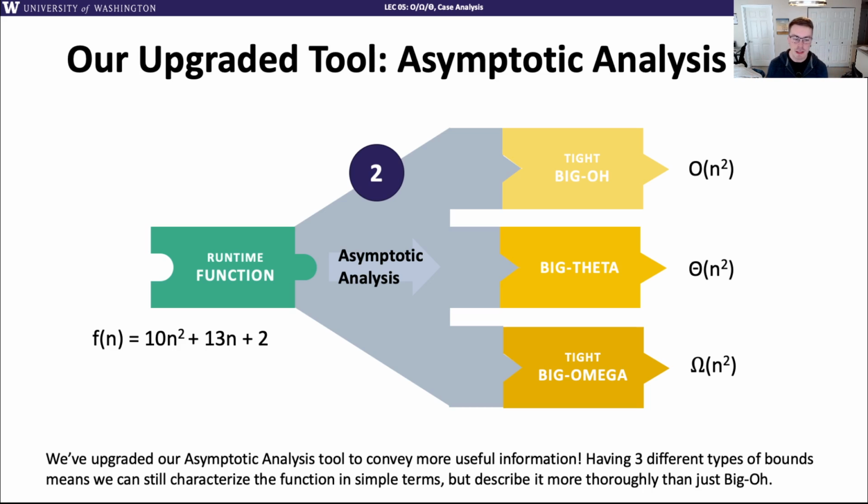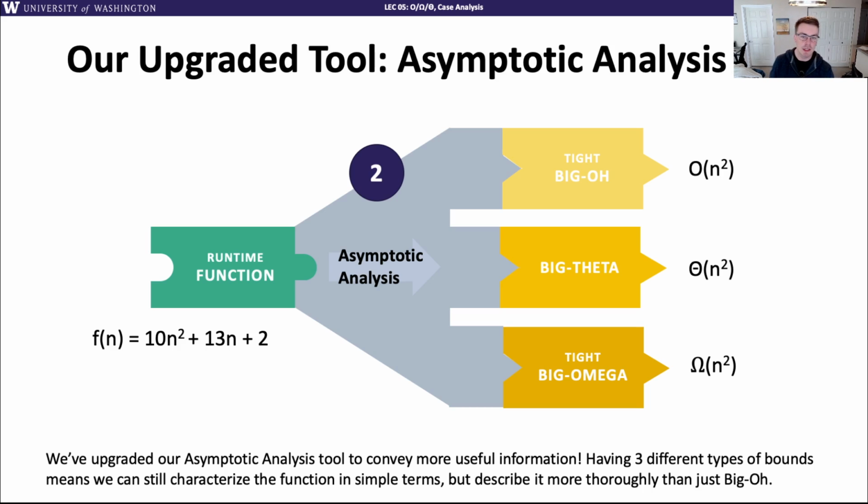You can use our analysis to find big O, big omega, or big theta. So now you have choices here. How do you want to report something about this runtime? Does it take at most this time? Does it take at least this time? Or does it take exactly this amount of time? Which gives you a lot of information.